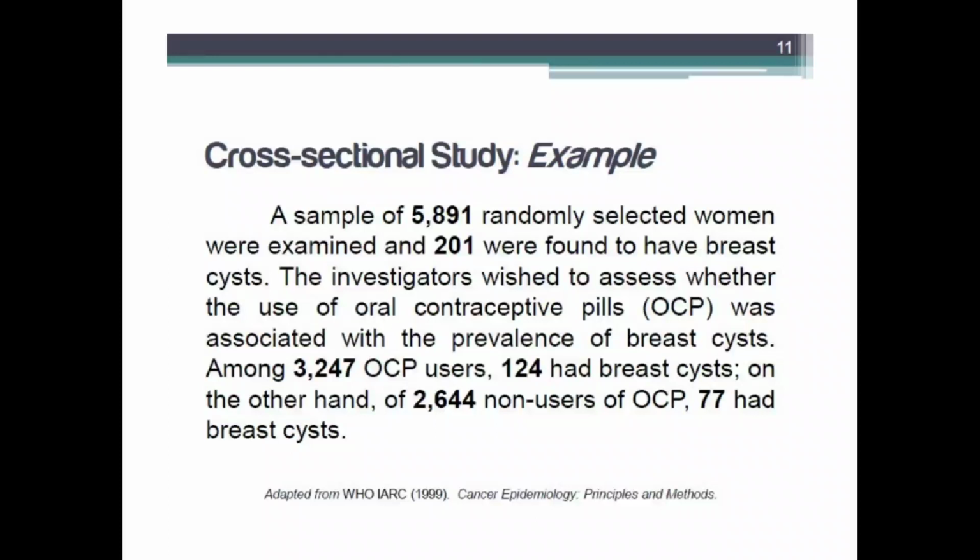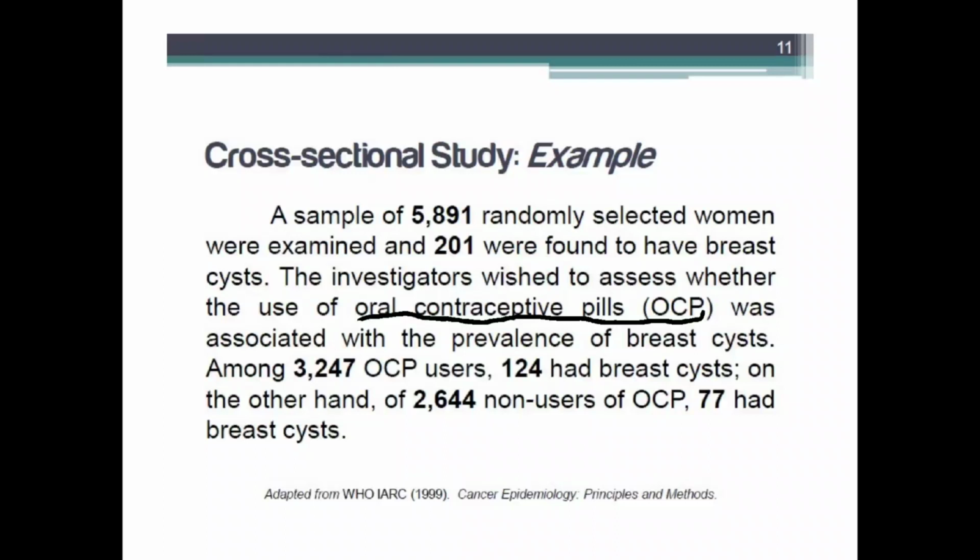So, the first step is gawa muna tayo, identify nyo ano yung mga exposure and ano yung disease. Okay? So, exposure natin dito, syempre, yung mga gumagamit ng oral contraceptive pills. So, yun yung exposure data natin, or variable. Yung mga unexposed, syempre, yung mga hindi gumagamit ng oral contraceptive pills.